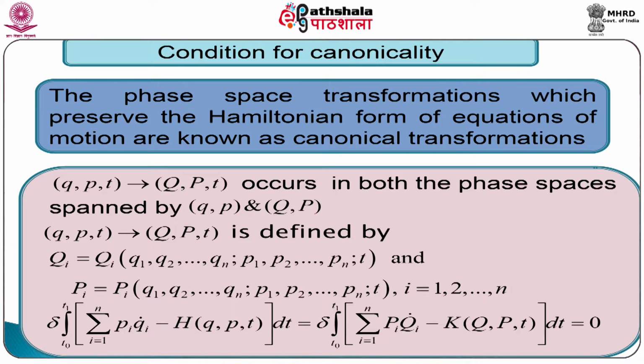This must be satisfied in both the new, that is capital Q and capital P, and the old phase space coordinates, that is small q and small p, in order to preserve the form of canonical equations of motion.